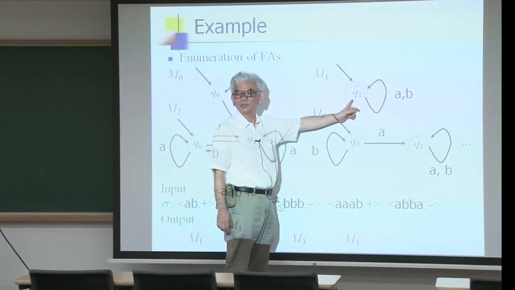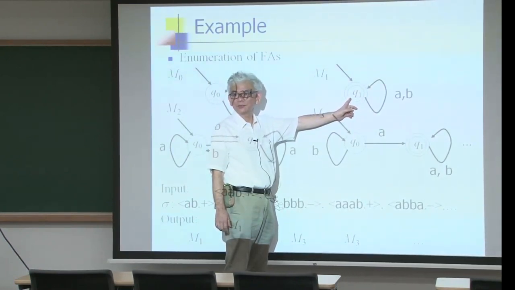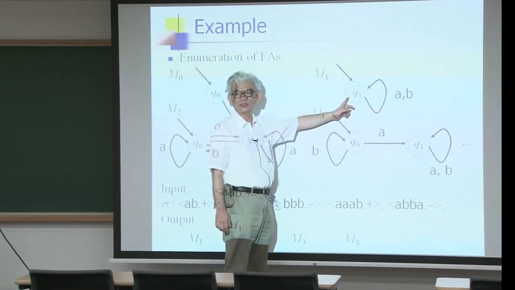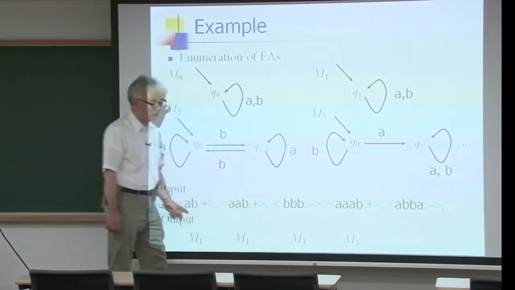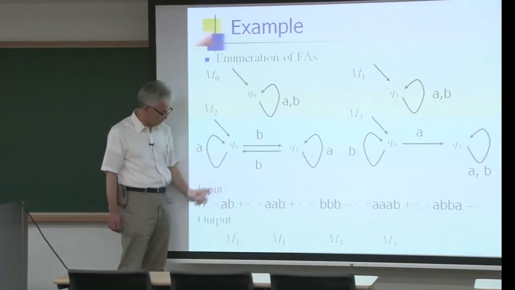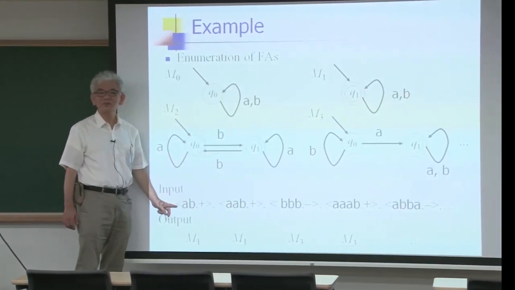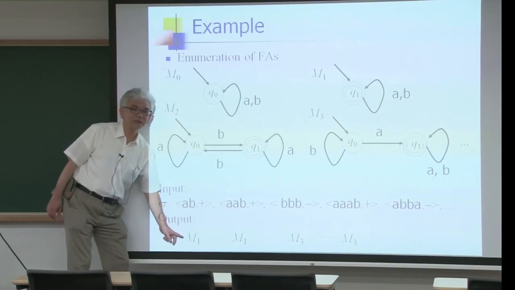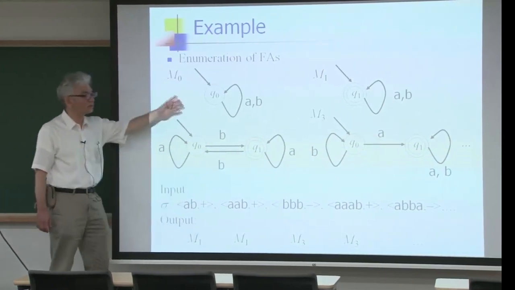This is the second simplest automaton in the list. And this automaton accepts all strings. So, of course, this automaton is consistent with this example. So first we keep this automaton as the first conjecture.